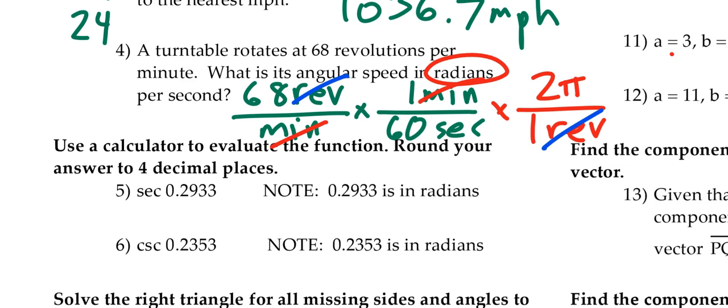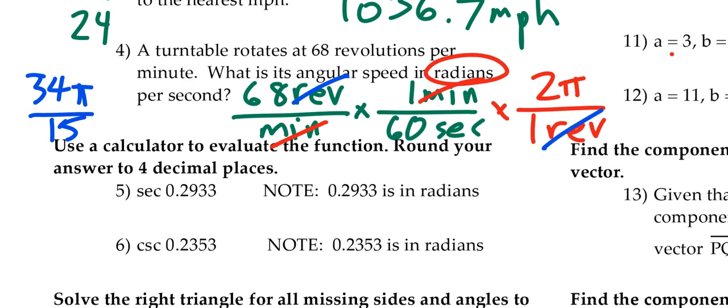So 68 times 2 divided by 60. So 34 pi over 15.